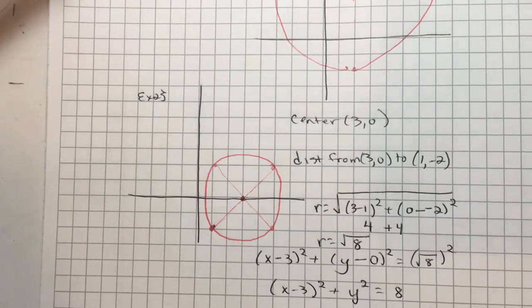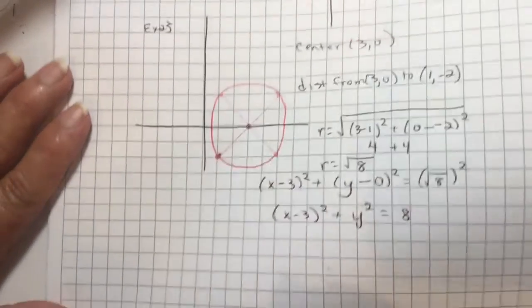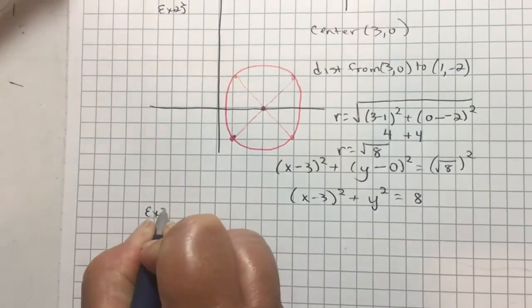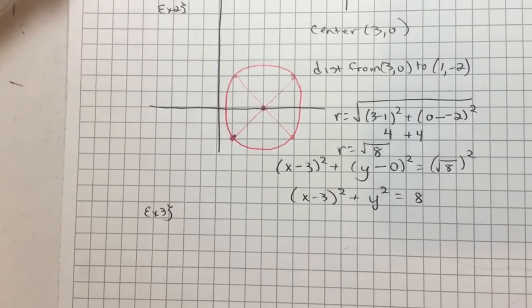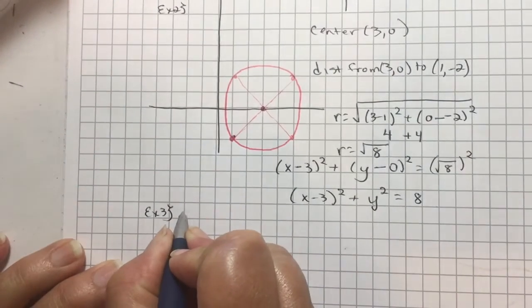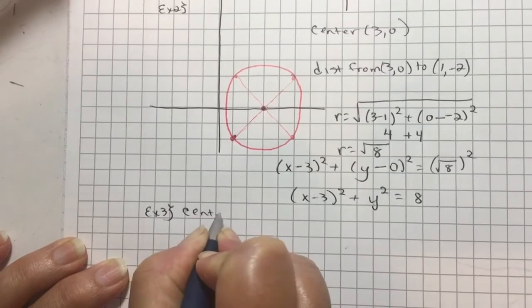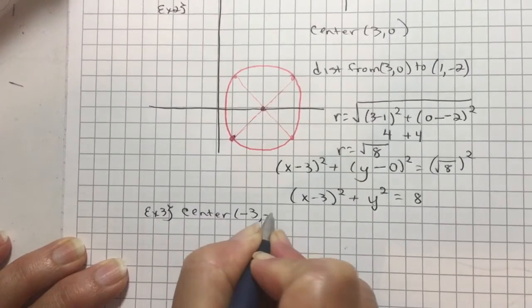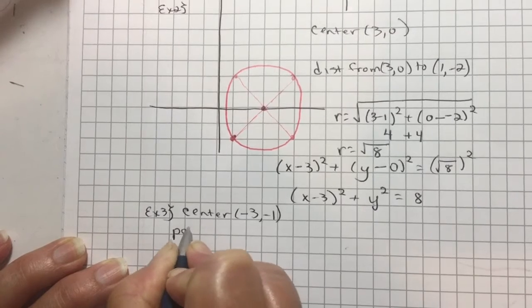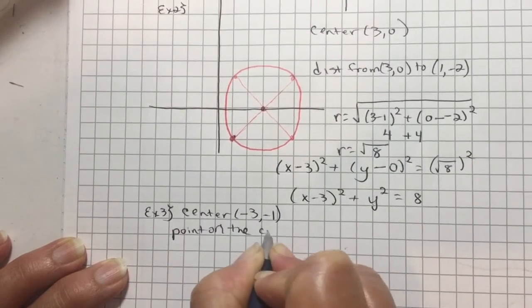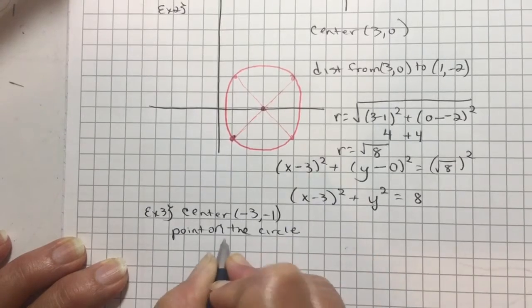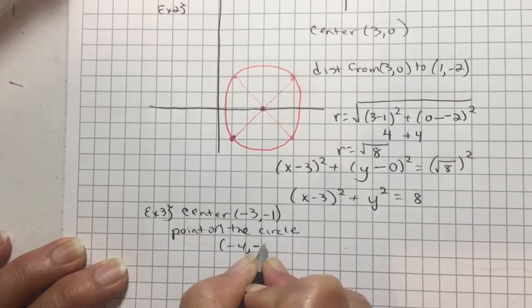All right, let's do one more. I think I can fit it on this piece of graph paper. So for example 3, you are to come up with the equation that has a center at (−3, −1), and then it has a point on the circle of (−4, −4).